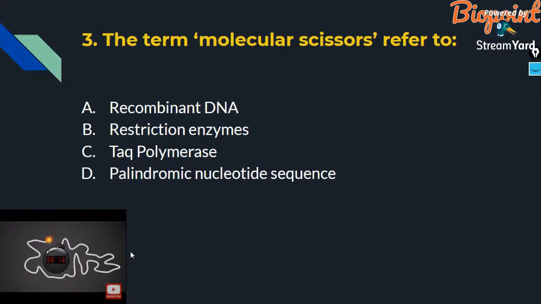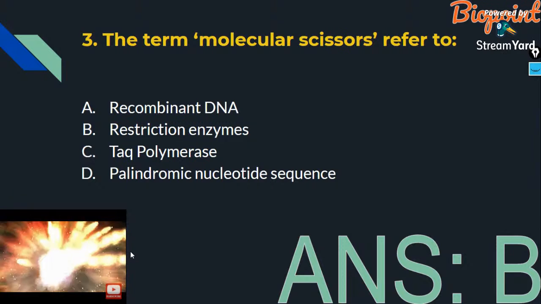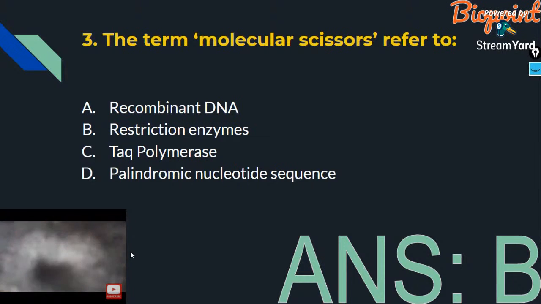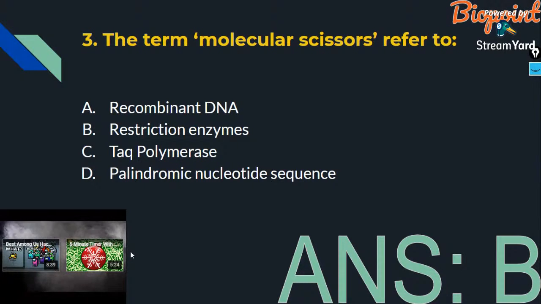Soon after the session, go to your NCERT and read it. Just comment me the answer for the question. The term molecular scissors refers to. Yes, absolutely, the correct answer for the question is option B, restriction enzymes. Clear? Because we have studied in detail about restriction enzymes.